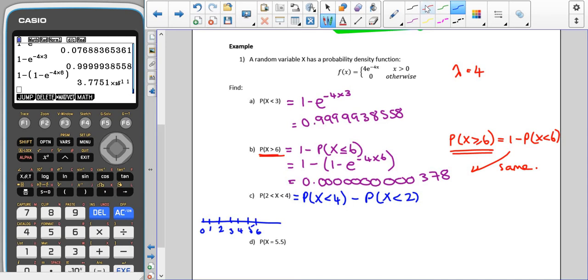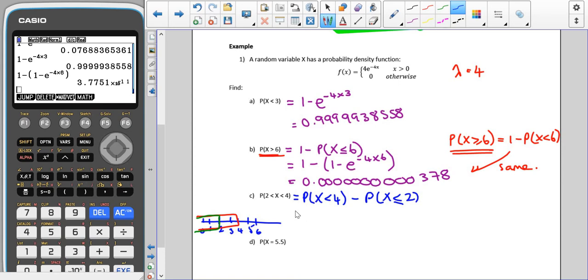When we're doing less than 4, we are finding this probability here. But I only want between 2 and 4, which means I have to take off this probability here. So actually that should say less than or equal to 2 that we are taking off. But as this is continuous, this isn't going to make a difference to our answer here.